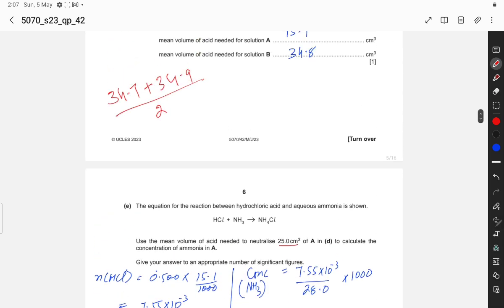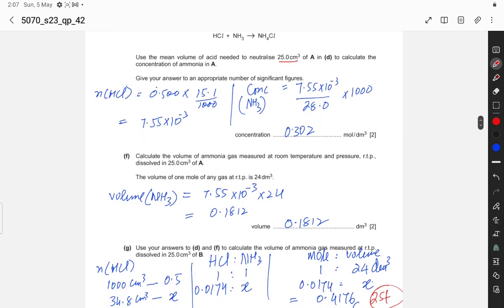This is the volume of acid HCl. By using this formula, concentration times volume in centimeter cube divided by 1000. We know that 0.500 is the concentration, and concentration is always in mole per dm cube.